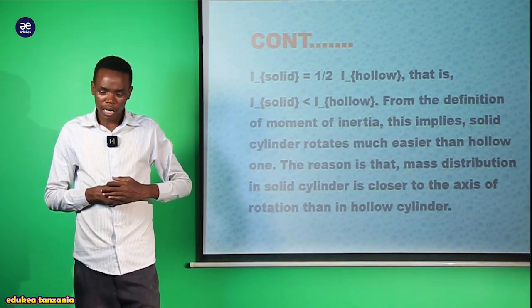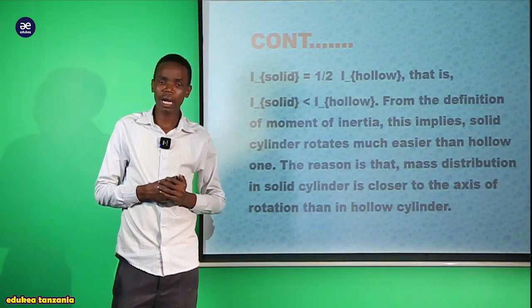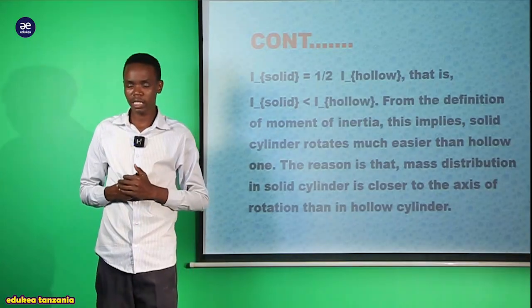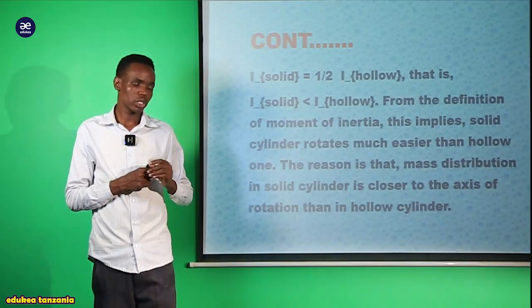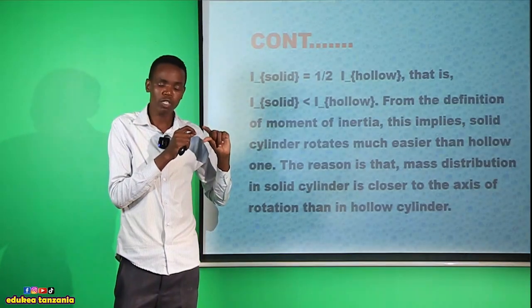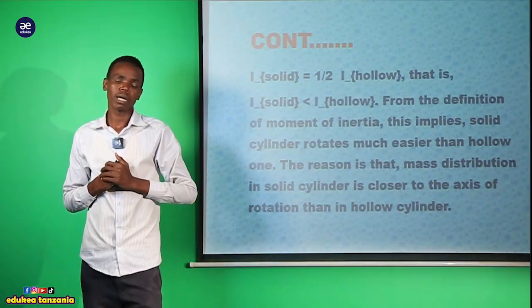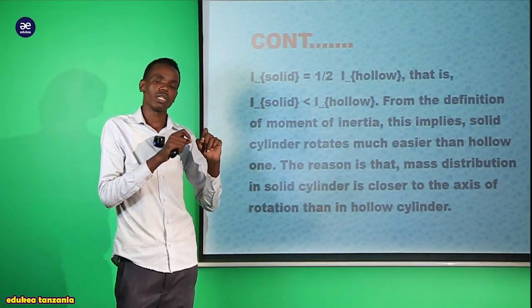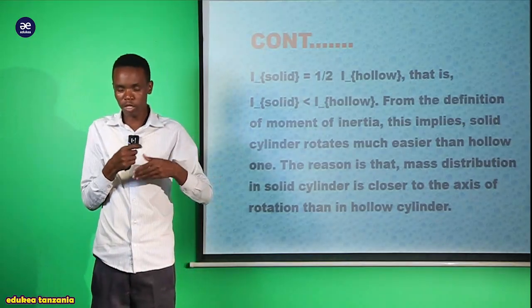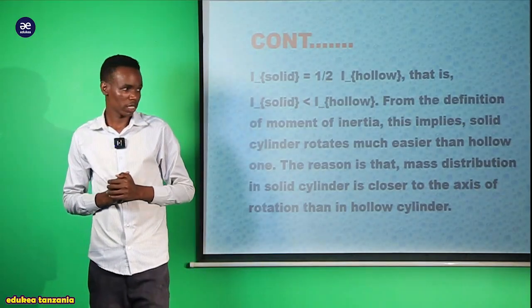So if they have the same masses and also radius, now we should take the formula of the moment of inertia for the solid cylinder and divide it by the moment of inertia for the hollow cylinder.